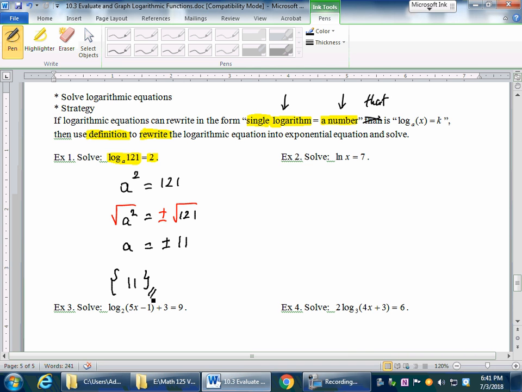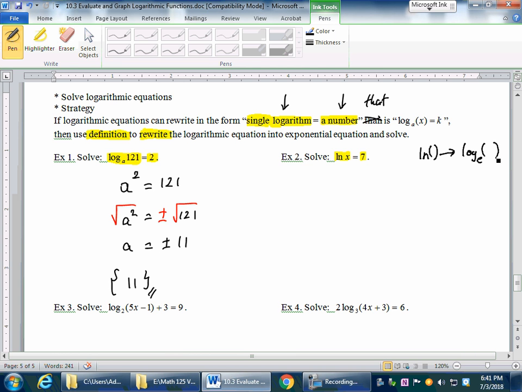Next, example 2. ln of x, that's a logarithm with base e. You have to remember that notation. It is equal to 7. So I have a single logarithm on one side and a number on the other side. Since ln is log base e, ln of an argument is log base e of the argument.